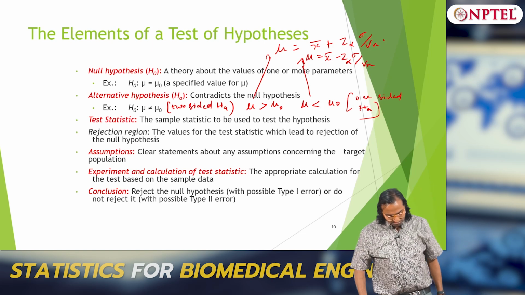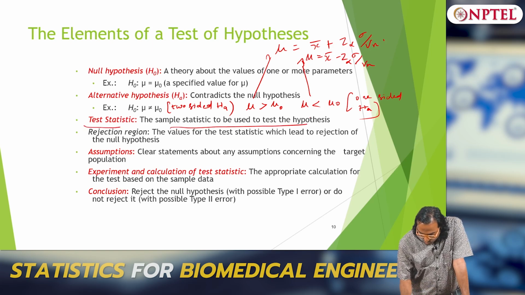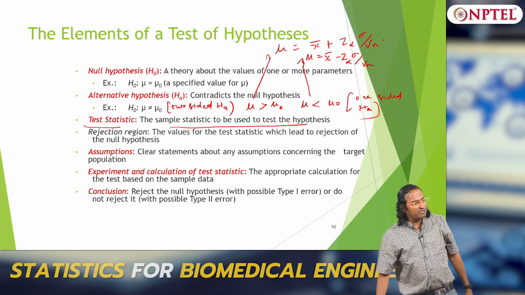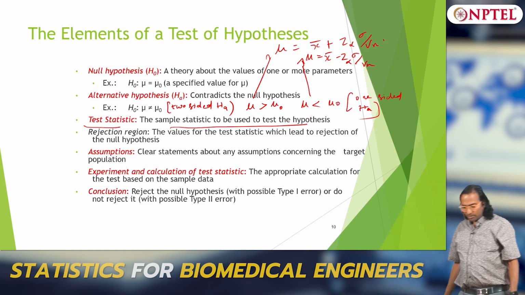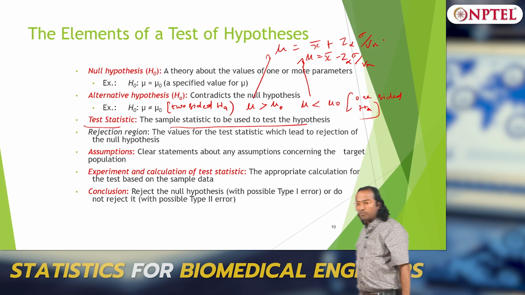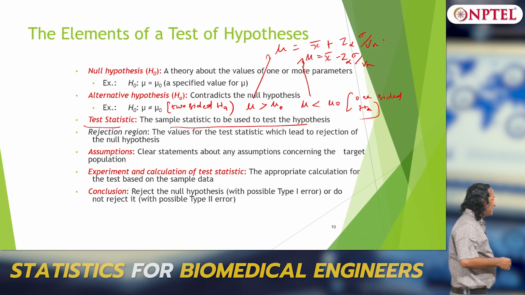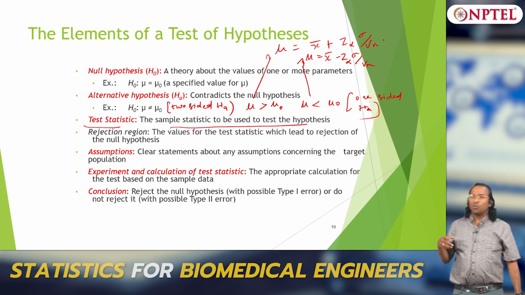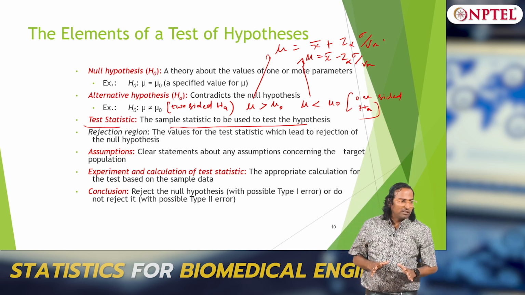And then the test statistic is nothing but the sample statistic to be used to test the hypothesis, okay. What is it in our case for mu? So you have a null hypothesis, and an alternate hypothesis, which is of two types: the two sided hypothesis and the one sided hypothesis.